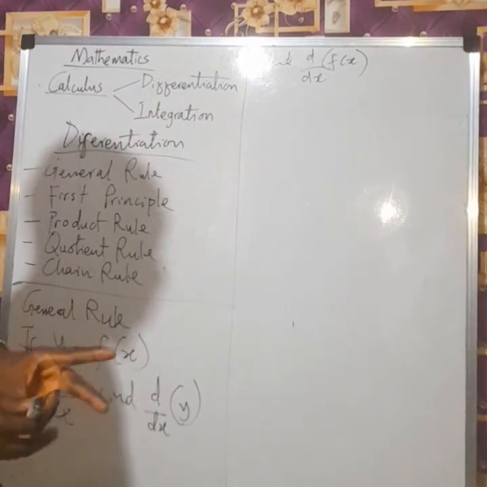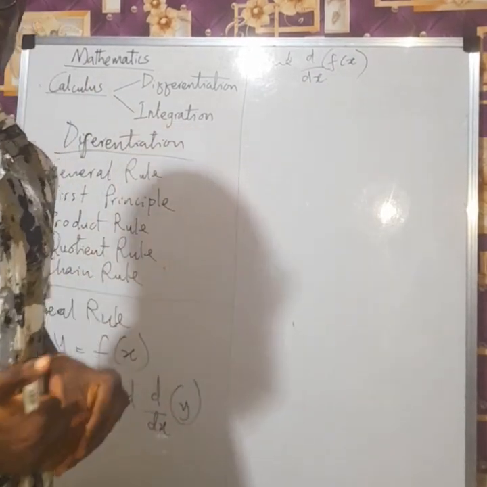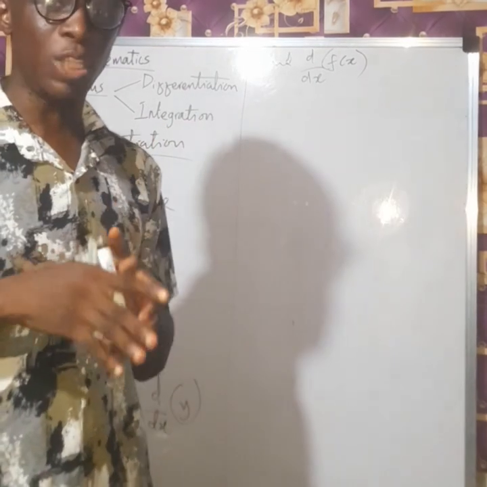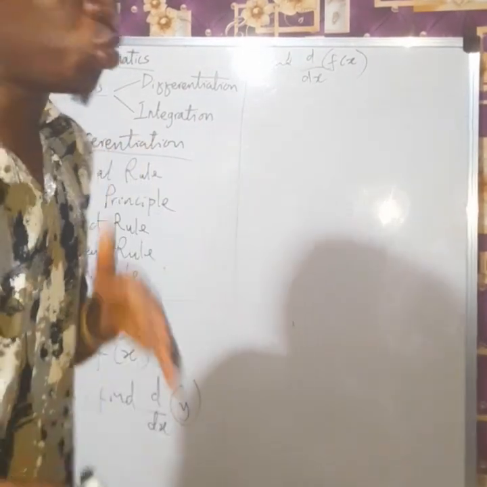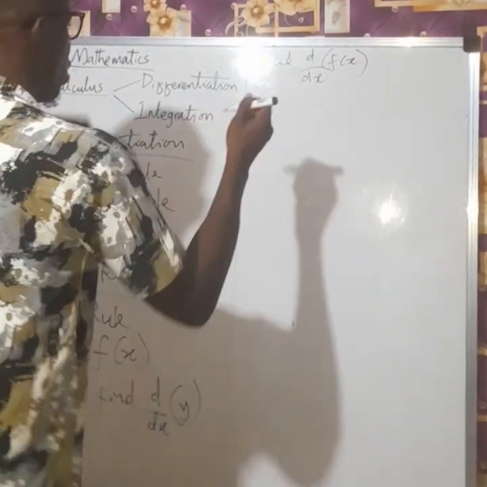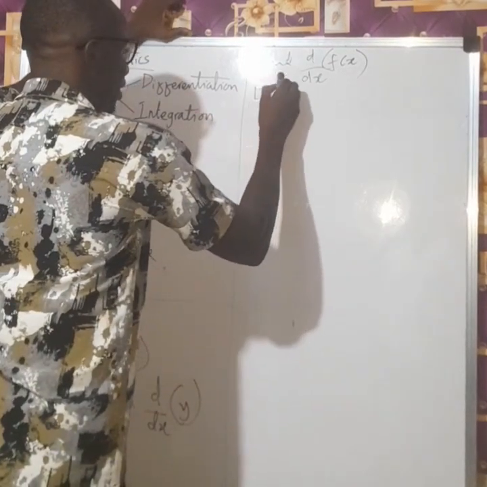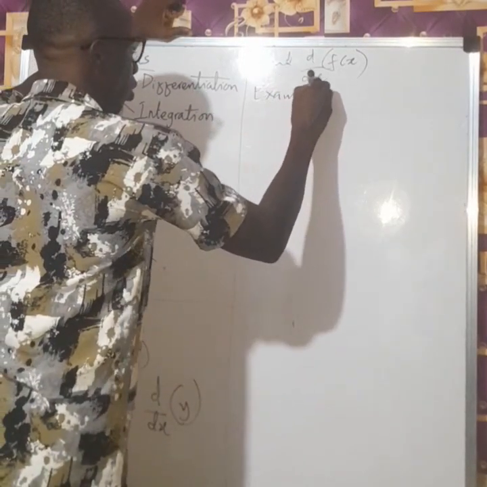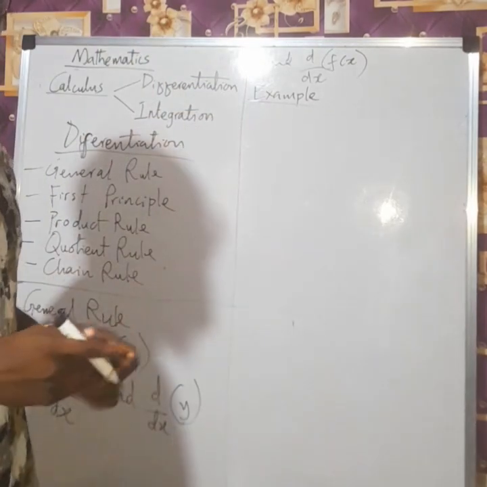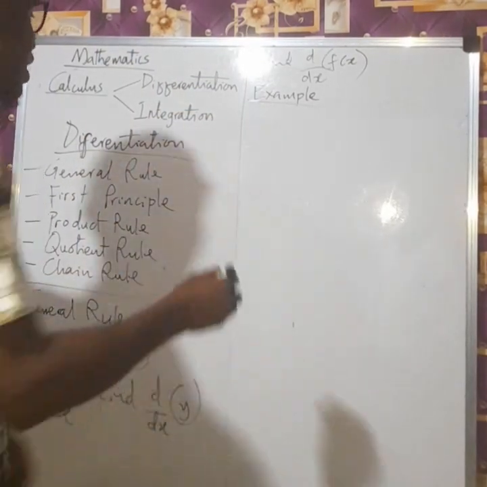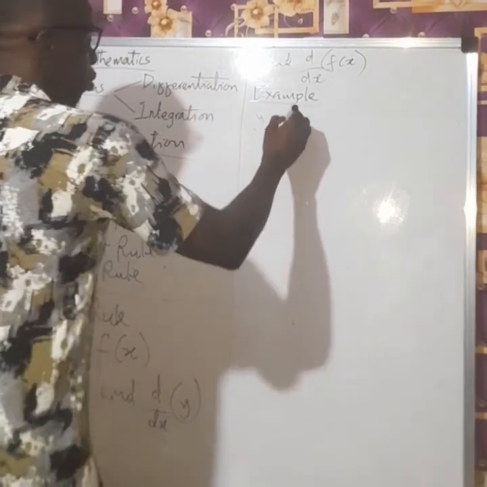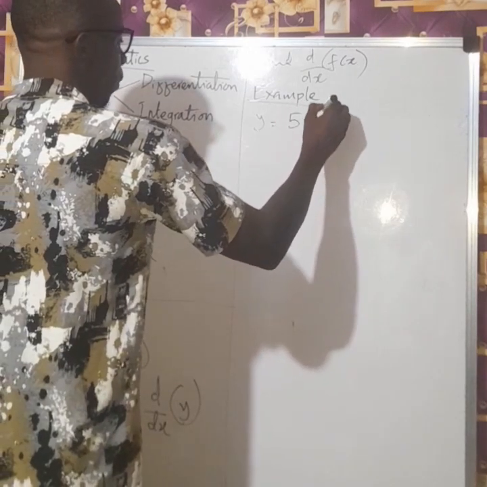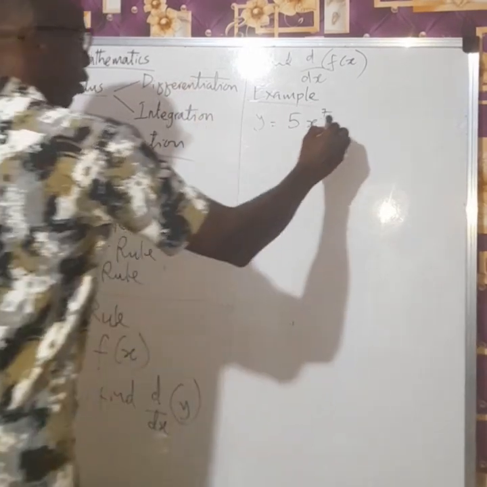Now, enough of all this drama. We need to move into calculation, but I just want to introduce you to this topic, and let us look at an example, because in mathematics we deal with examples, not too much grammar. Let's say y equals 5x raised to the power 7.